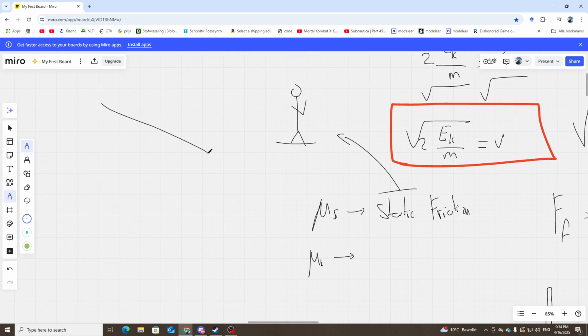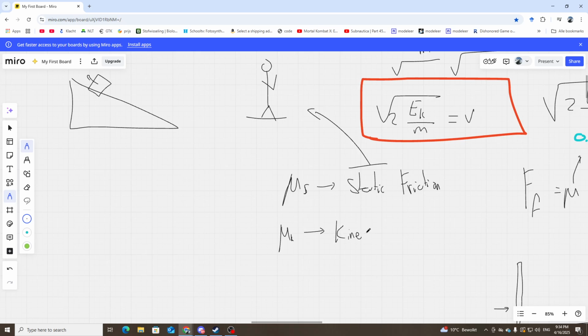For example, on a ramp, if I place a box, it's not moving, but it still experiences friction because otherwise it would just slide down, right? If I turn this magically into ice, it will probably start slipping down because that friction is lower. Okay, so that is static friction. The friction an object experiences when there is no movement, static.